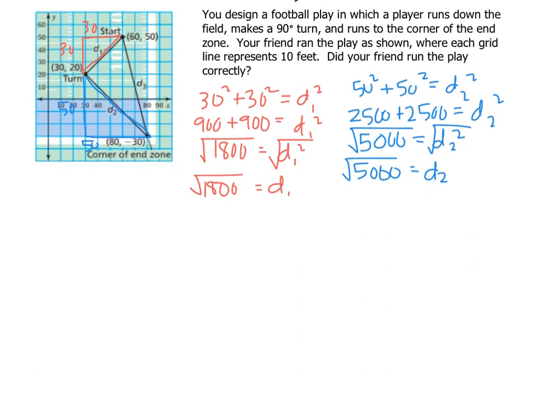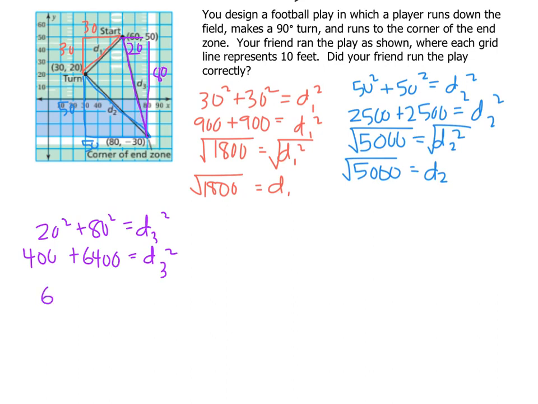Okay, last one, D3. I'll go to purple now. So this is 20, and the height is 80. So 20 squared plus 80 squared equals D3 squared. 400 plus 6,400 equals D3 squared.